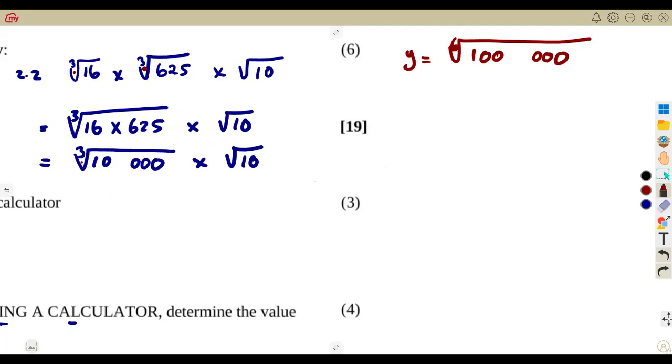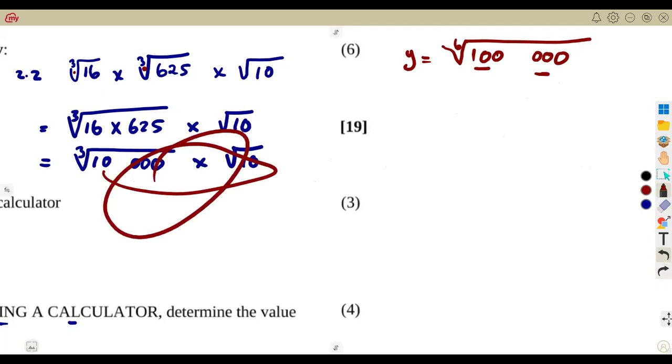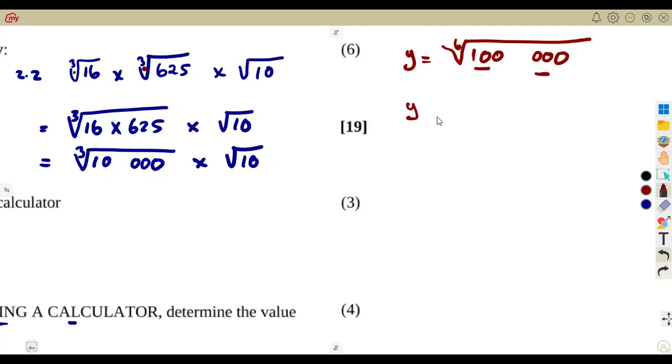So let's start with this side here. There's a 6 there. This is 100,000. Let's have it at least in the base of 10, because 10 is the easier number between these numbers. So remember our laws of exponents.